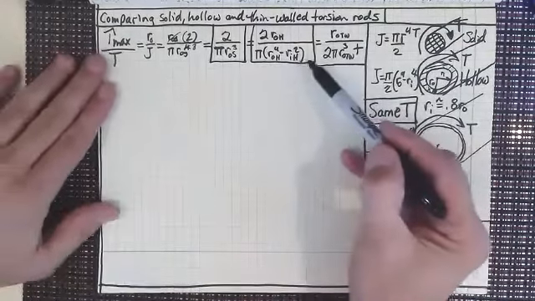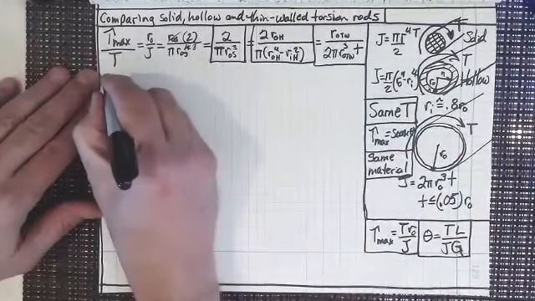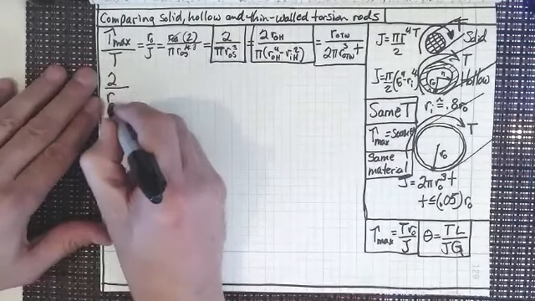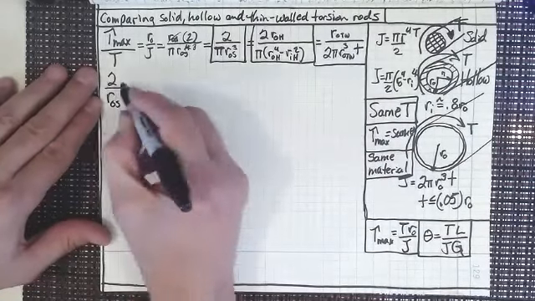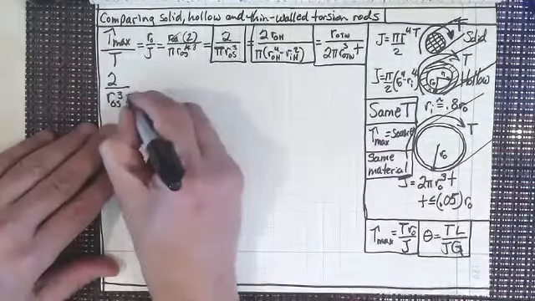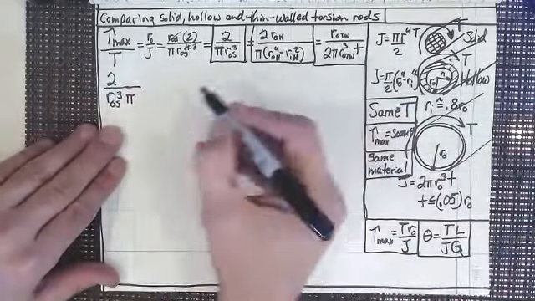And I'm going to put the comparisons in now. So we've got 2 over pi R outer of the solid shaft cubed, right? Times pi. Sorry, forgot the pi.